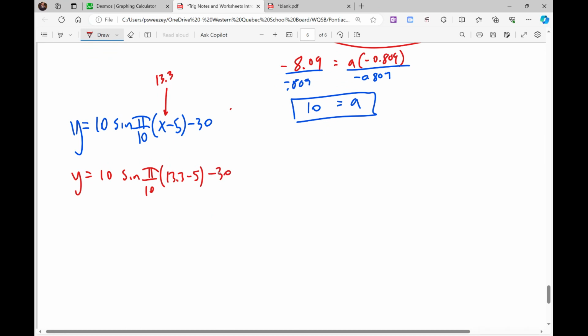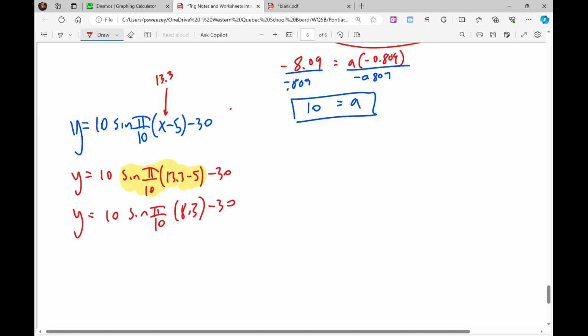Solving for y is always easier, hopefully that's sunk in by now. But my suggestion, as always, is that we treat this differently. So 13.3 minus 5. I'll write this out to be clear: 10 sine of pi over 10 times 8.3, minus 30.